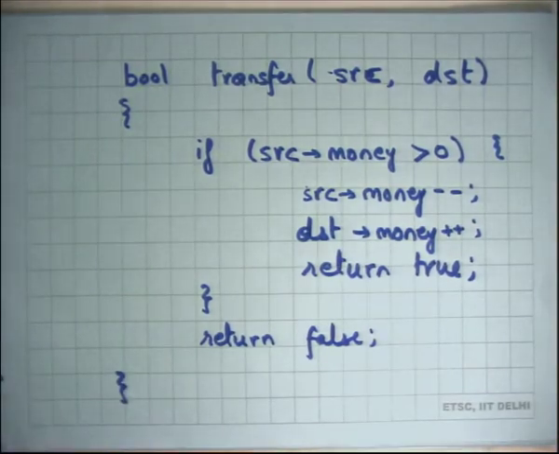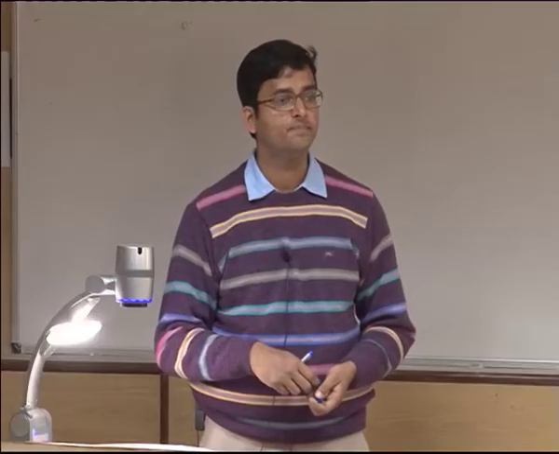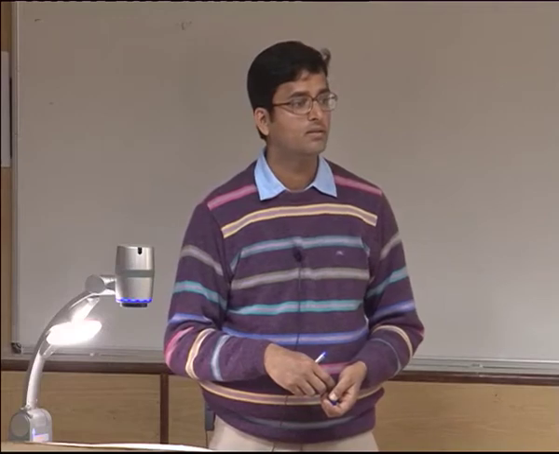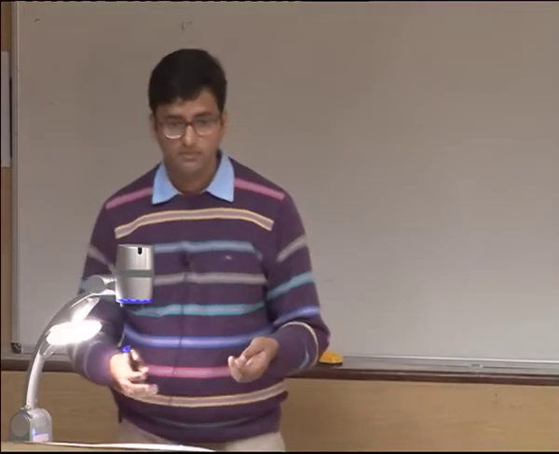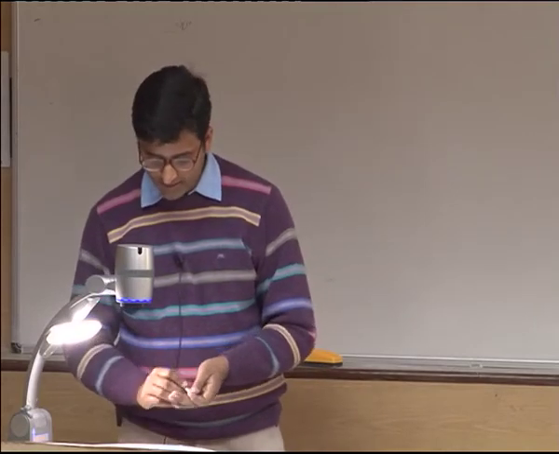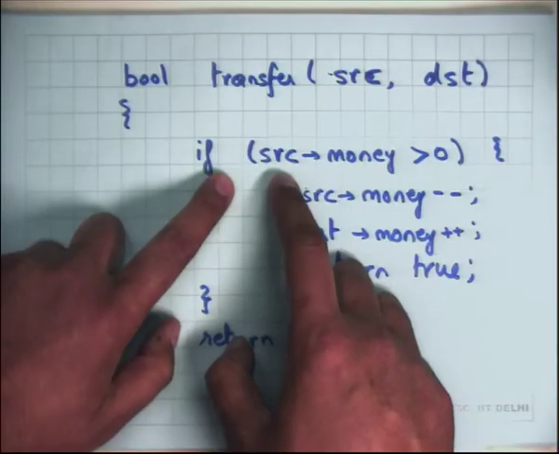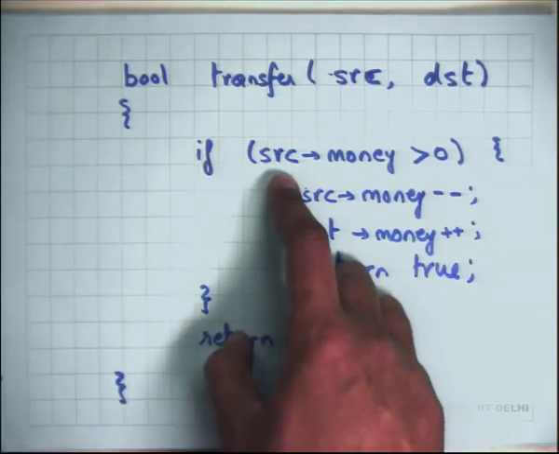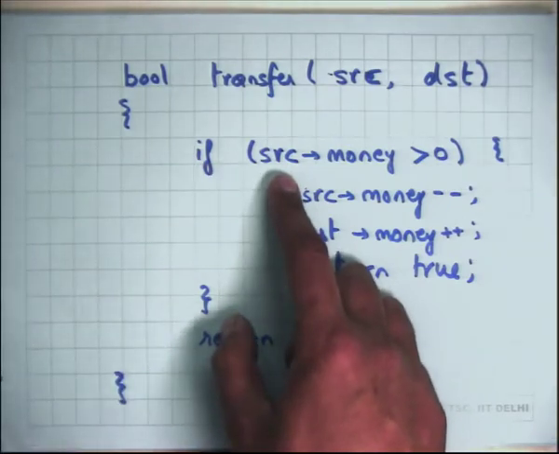Now assume that this function is correct if you're running it in a single thread, but if multiple threads are running this code, then bad things can happen. What are some bad things that can happen? One bad thing is, let's say initially the source account had 1 rupee or 1 unit of money in it.